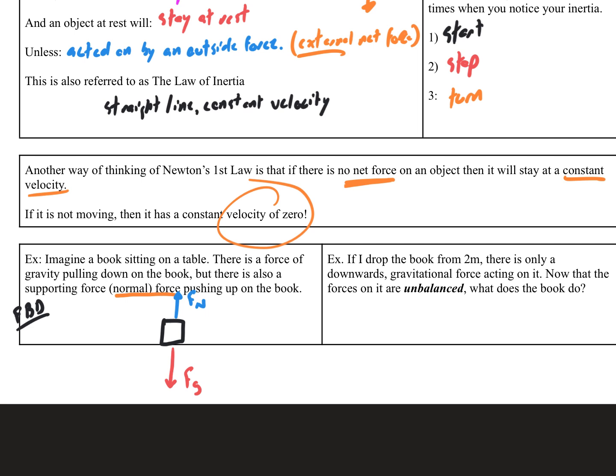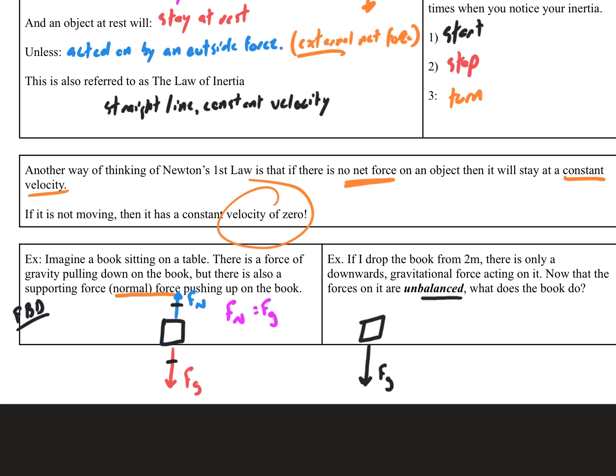If it's just sitting there, I know that these two have to be equal in magnitude. Sometimes we can draw, like we did in geometry, little lines indicating that. That just lets me know that they are equal. Everything is balanced, so it's just going to be sitting there. But if you drop that same block or book and let it go, I have only one force acting on it.